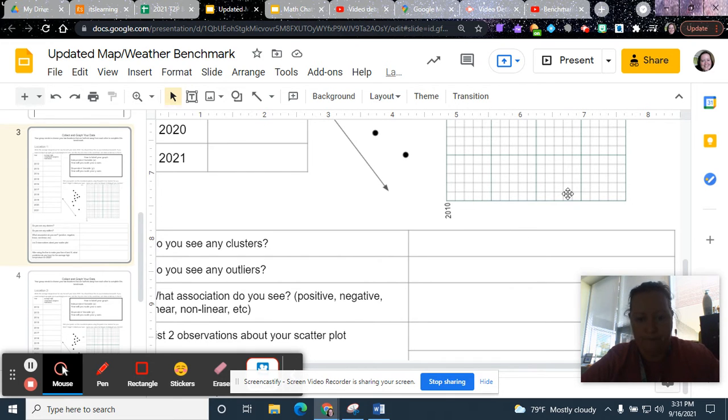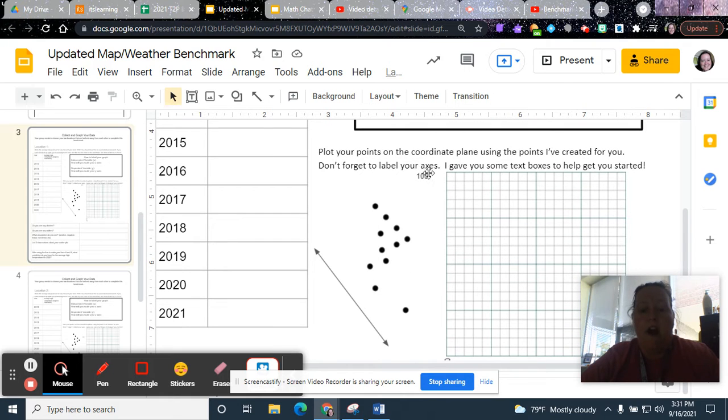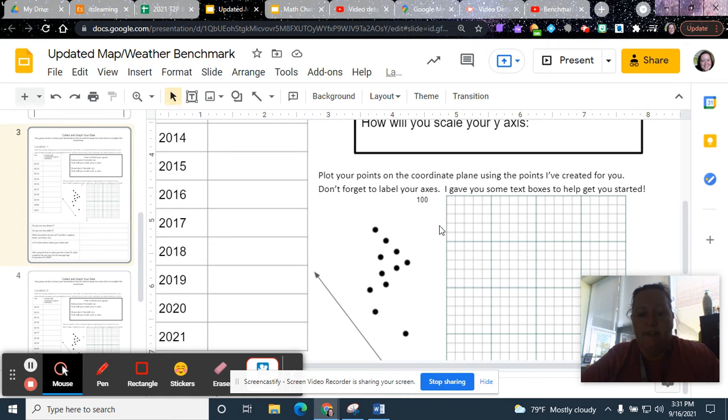Now, on the y-axis, when you're scaling that, I can't imagine that any place has an average high temperature of more than 100. If yours does, you may have to do something different, but I would make this very top one 100.